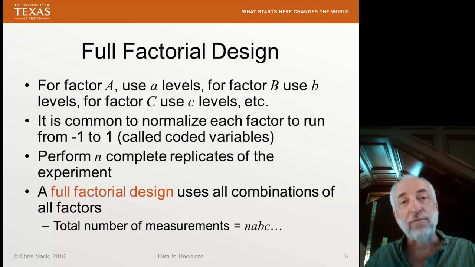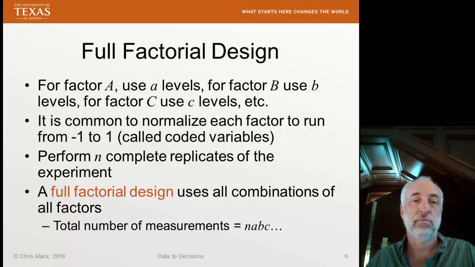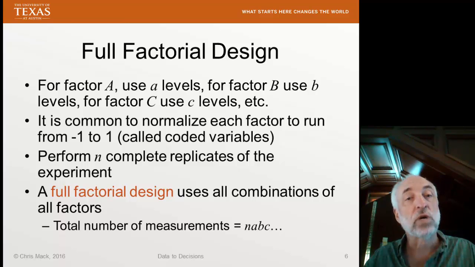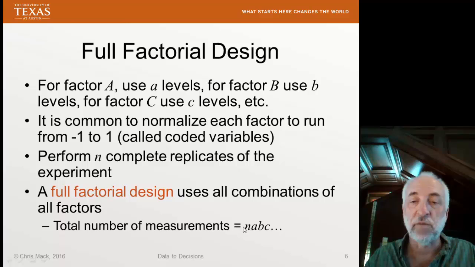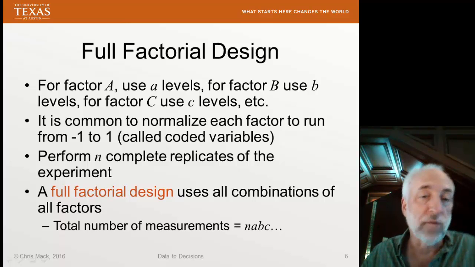If we were to do a full factorial design, that means we're going to measure every possible combination of every factor, and we're going to do them all n times, the replicates. That means the total number of measurements is going to be n times A times B times C, continuing on for however many factors we have.